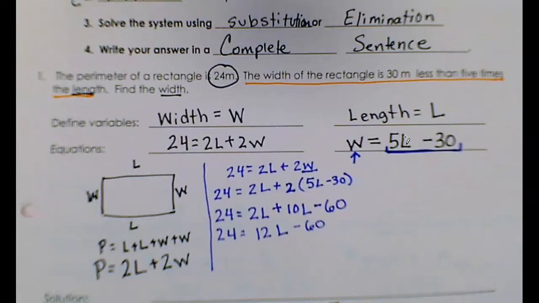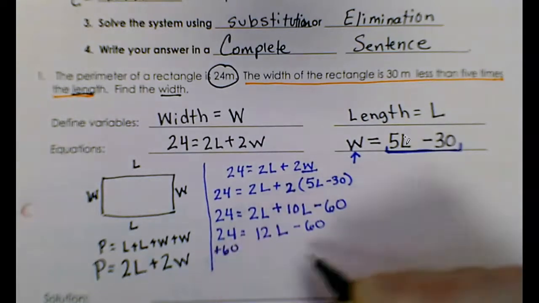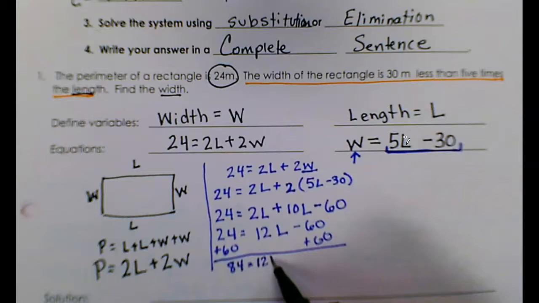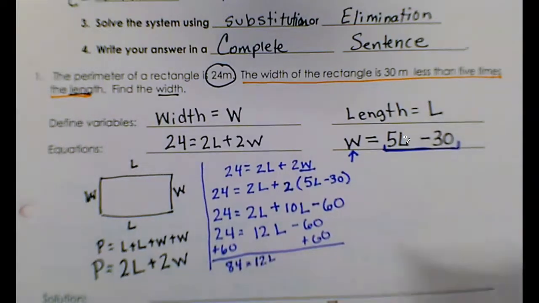What am I going to do with the 60? Add it. 84 equals 12L. I'm running out of room. I will divide both sides by 12.